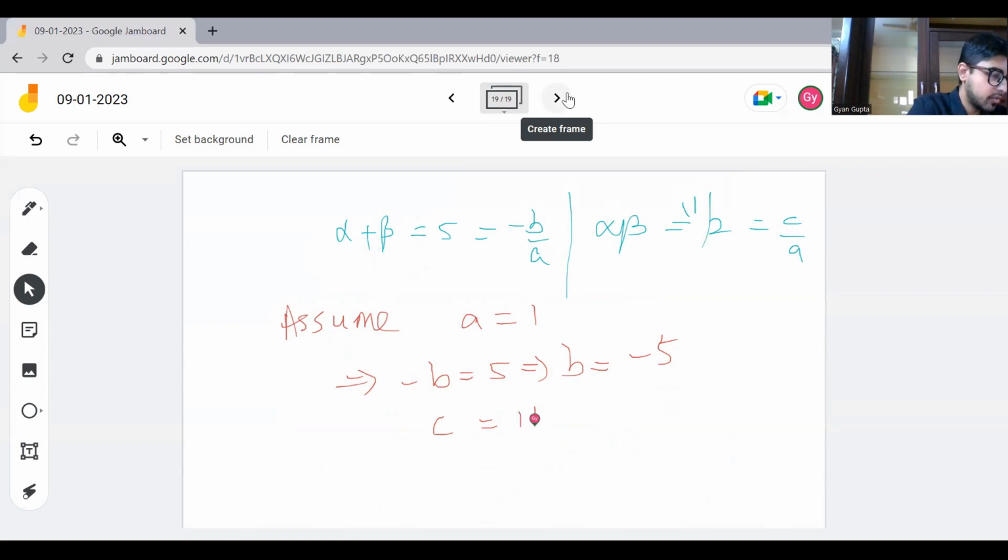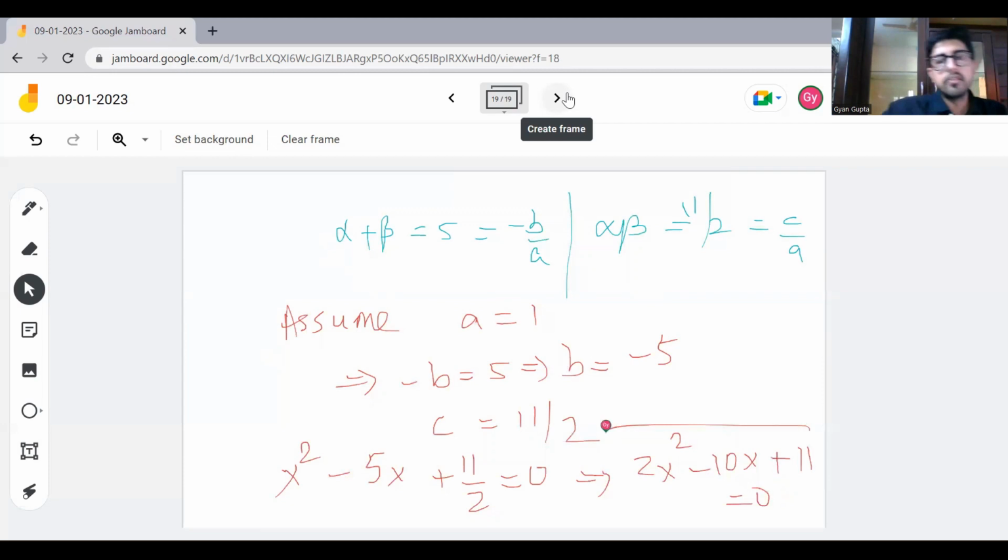So the quadratic equation becomes x square minus 5x plus 11 by 2 is equal to 0, which can also be written as 2x square minus 10x plus 11 is equal to 0. This is another 3-marker question that usually comes in board papers.